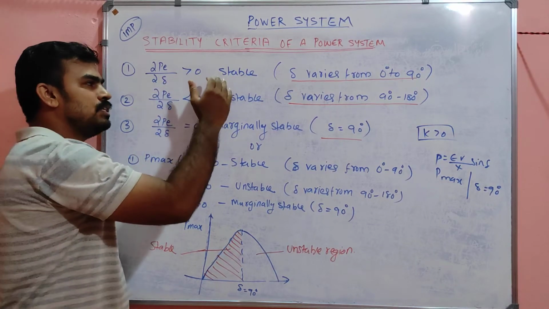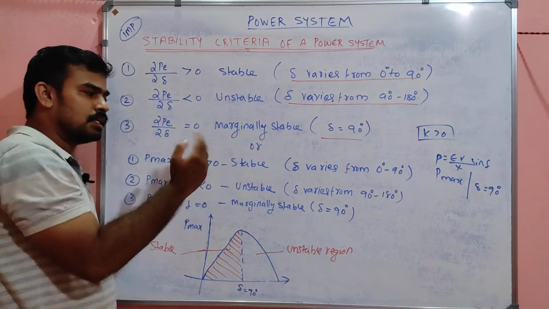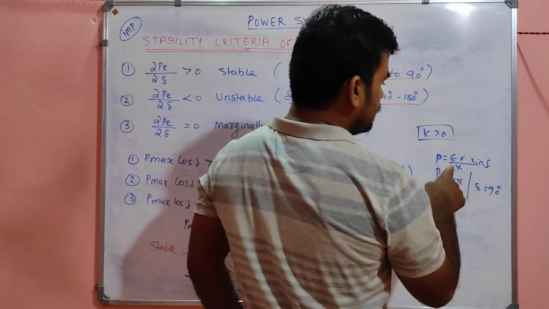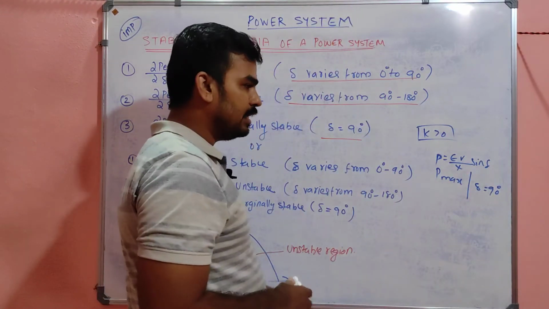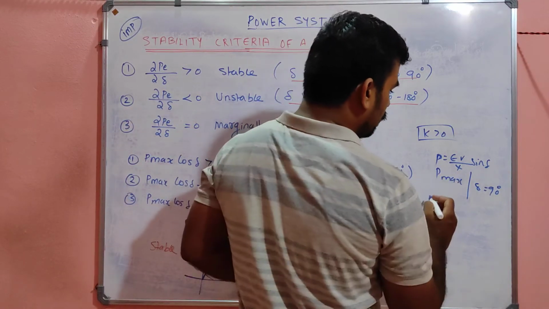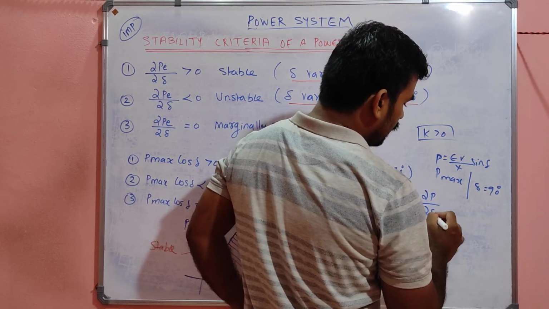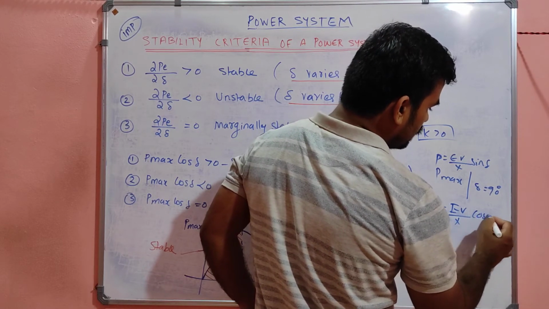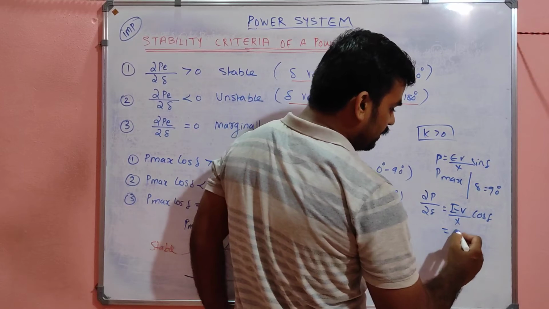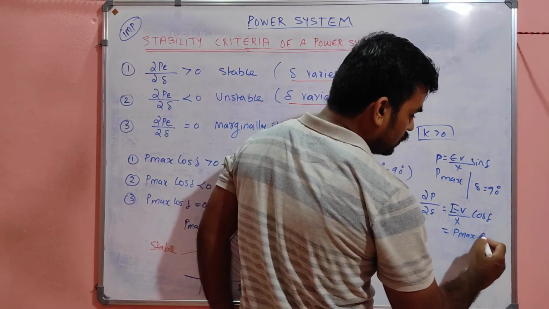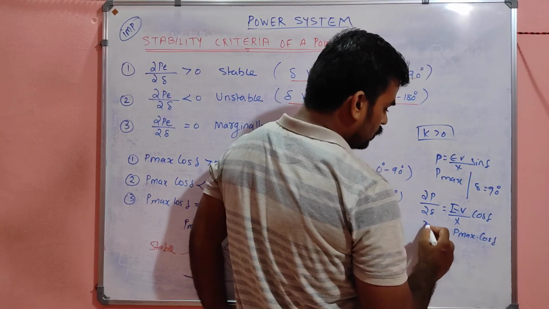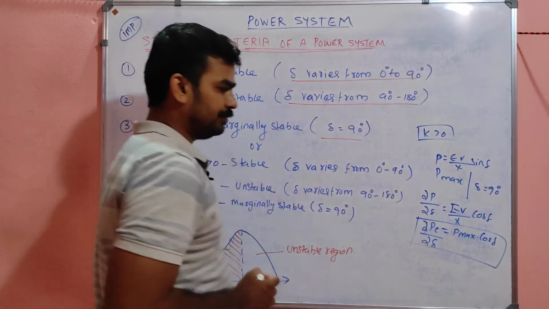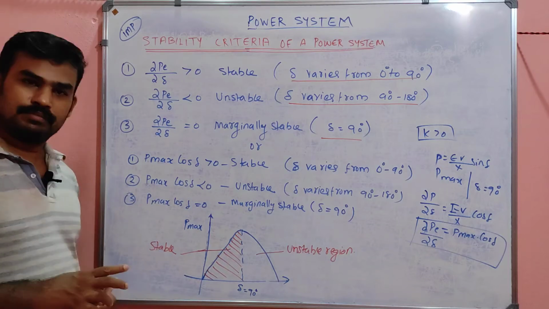And we have another expression. In the exam, the question may not be like this; it may be asked like this also. See, power P is equal to EV divided by X into sine delta. Then dou P divided by dou del is nothing but EV divided by X into cos del, am I right? And EV divided by X is nothing but P max. So dou P by dou del is also written as P max into cos del.